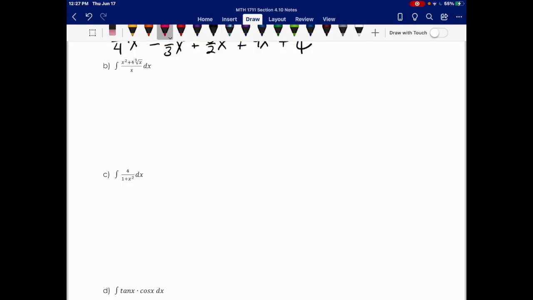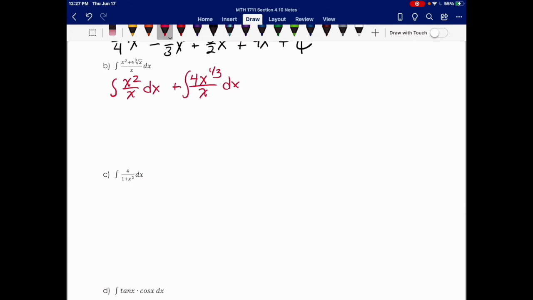In this next example, part B, we're going to integrate x squared plus 4 times the cubed root of x over x. Okay, so the first thing we're going to do to make this a little bit easier is we're going to split that up into multiple fractions and simplify each of those fractions. So for the first fraction, we're going to take x squared over x dx.